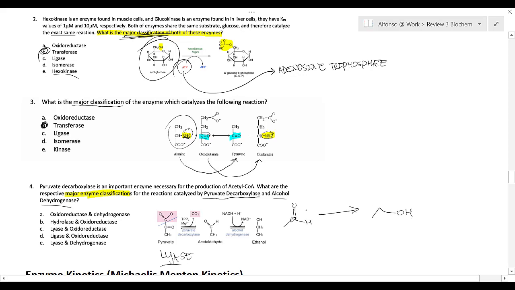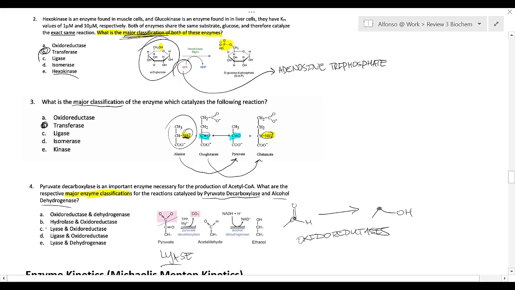So it used to have 2 bonds to oxygen, now it only has 1 bond to oxygen, so you can see that it was reduced. And what type of enzymes catalyze oxidation reduction reactions? That would be oxidoreductases. So for that reason, the answer to number 4 is lyase and oxidoreductases.